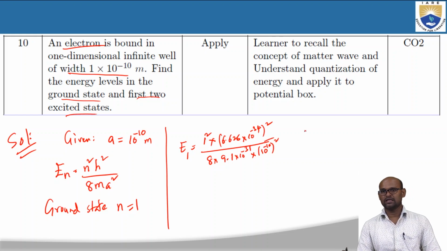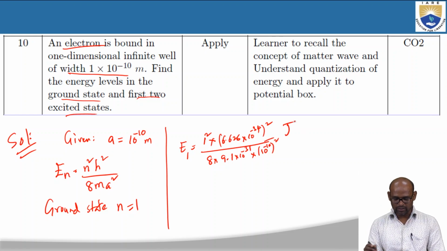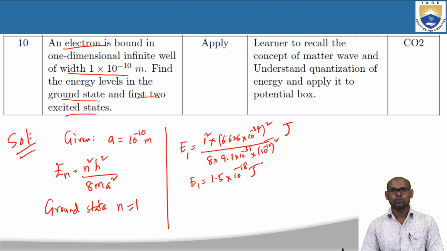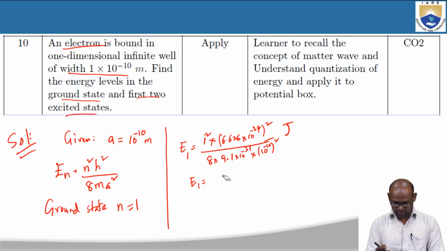Whatever energy we are getting is in joules. Then we have to convert this into electron volts, but here I have just left it as it is. So E1 I calculated as 1.5 into 10 power minus 18 joules. E2 is nothing but 4 into E1, which is 1.5 into 10 power minus 18 joules times 4.